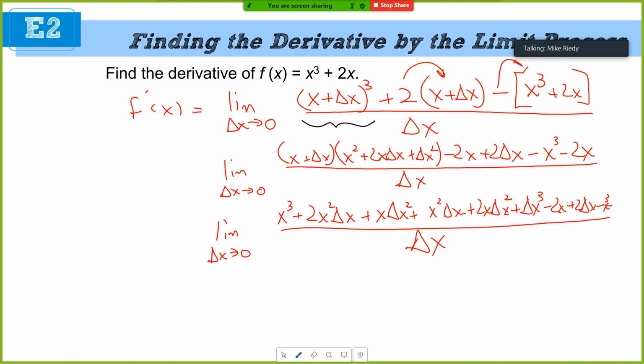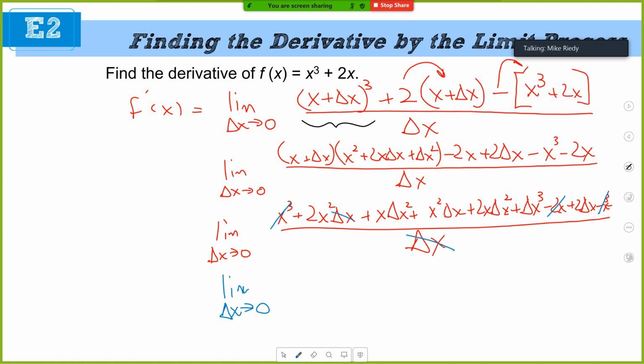If I did it right, though, I should get some canceling. The 2x would cancel with the 2x I had back there that you can't see. The negative x cubed cancels with the x cubed. Everything else has a delta x in it, which gets me to the limit as delta x approaches 0. So everything gets a delta x canceled out of it.